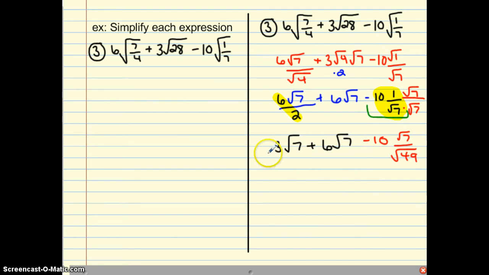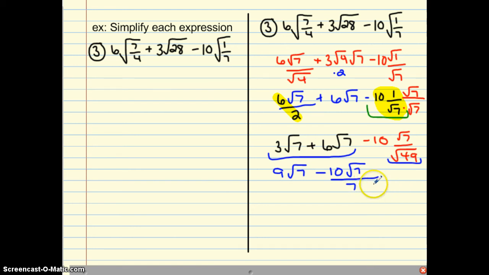So we can continue to clean this. 9 root 7 minus 10 root 7 over 7. Is that simplified right there? And I think we could go a bit further with this.